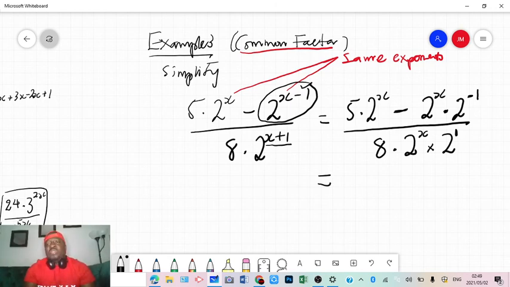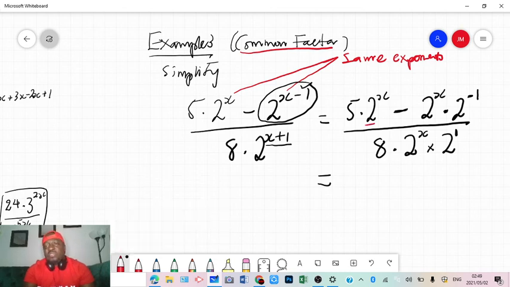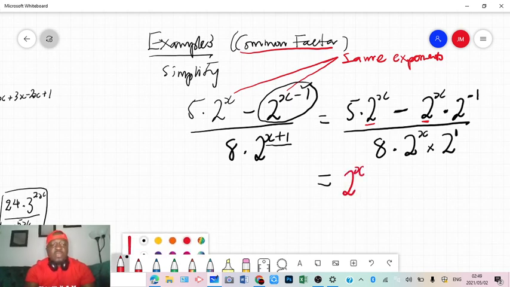You want to look out for a common factor. There are two terms in this numerator, but between the two there is a common factor. We can see there's 2 to the power x here, there's 2 to the power x here. So 2 to the power x becomes my common factor.